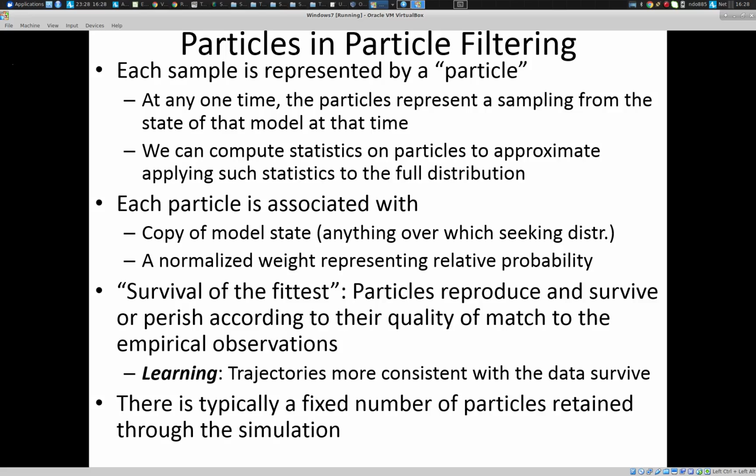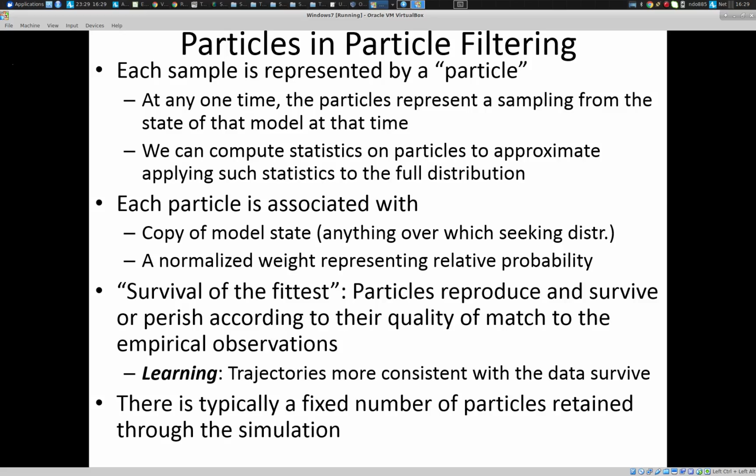The ones that are more consistent with the data, those with high weights, survive, flourish, and are replicated through resampling. And those with low weights are often going to die out.